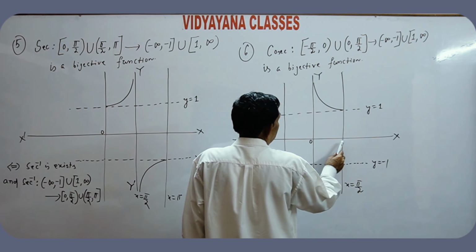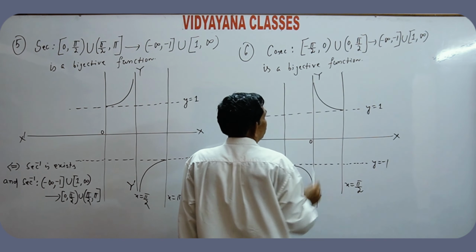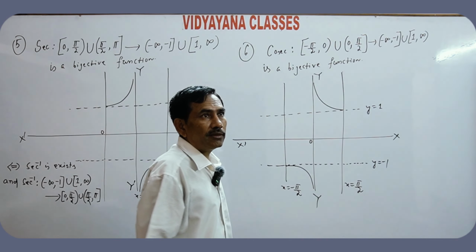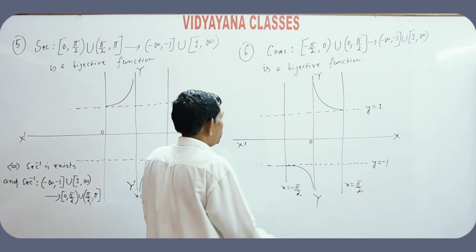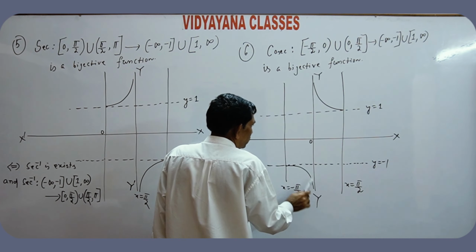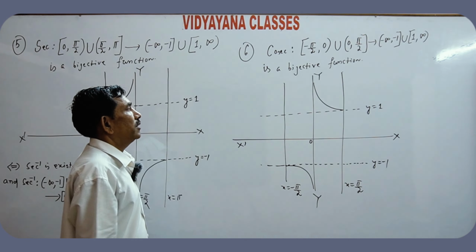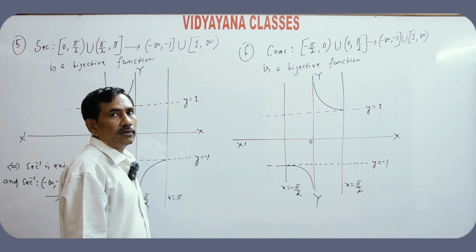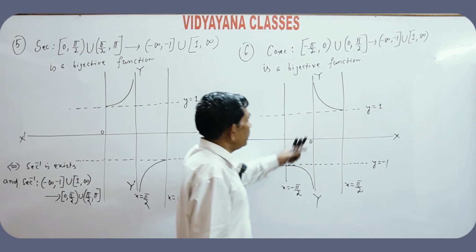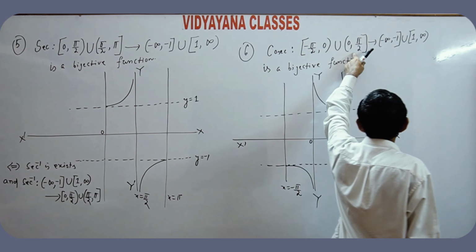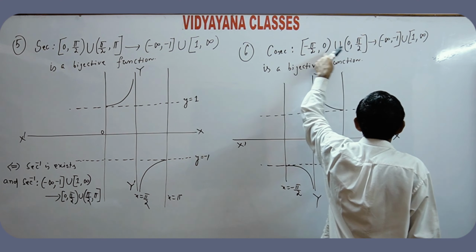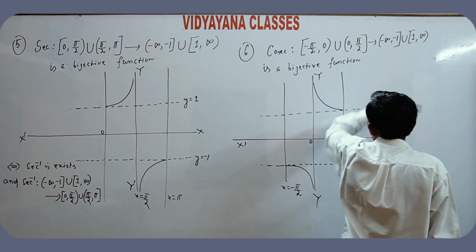Here, when x varies in this interval, the function decreases. Every decreasing function is 1-1. When x varies in this interval, the function also decreases. Every decreasing or increasing function is 1-1. Again, when x varies in this interval, y varies in this interval.